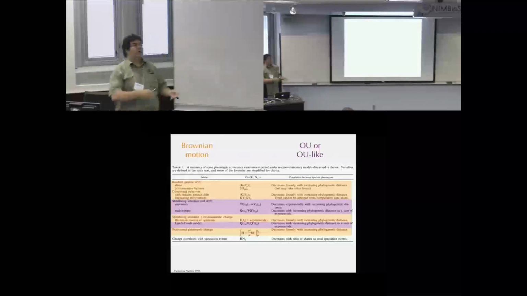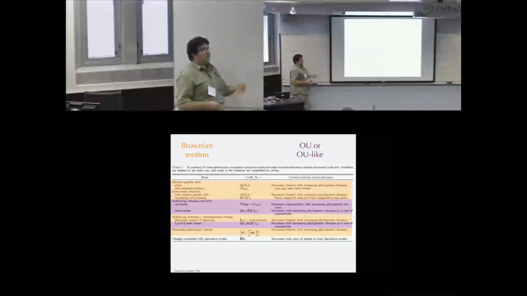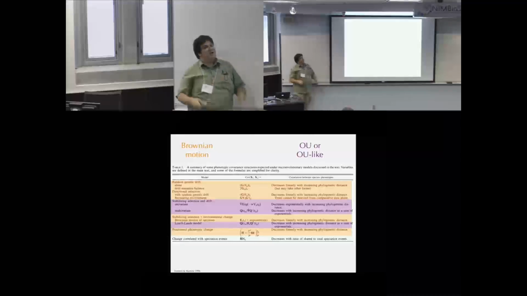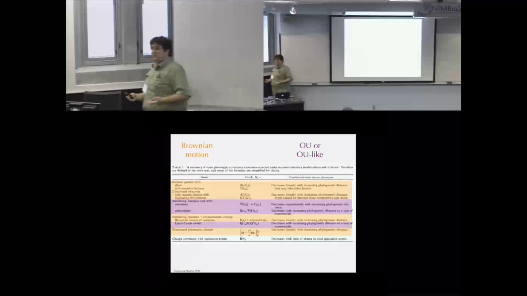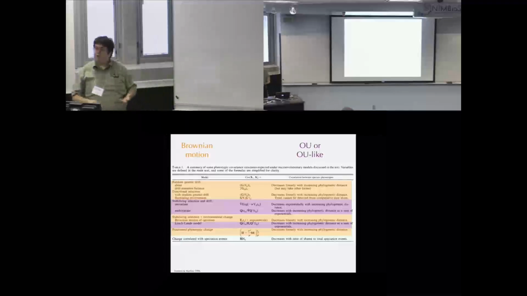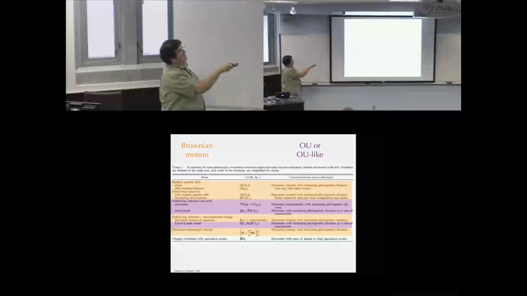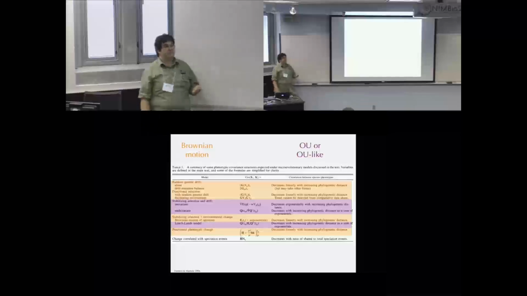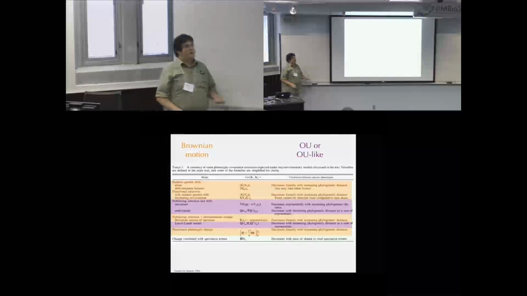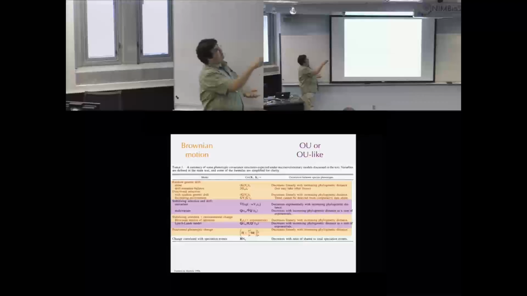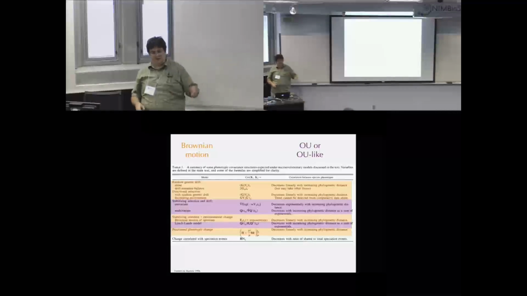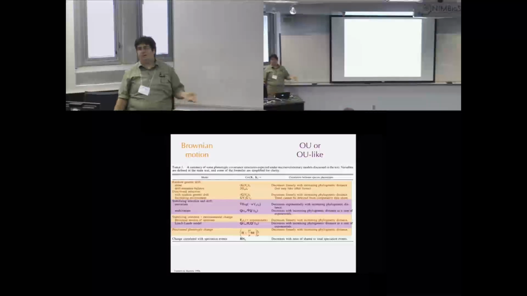The problem is that multiple different processes give the same pattern, so genetic drift versus directional selection can generate the same model. It's hard to uncouple these, but if BM is better than OU, we can rule out stabilizing selection in that way. So you can tell something, but it's certainly not true, in my view, that Brownian motion is just genetic drift. But again, people in the field sometimes disagree. All right, any questions about that?